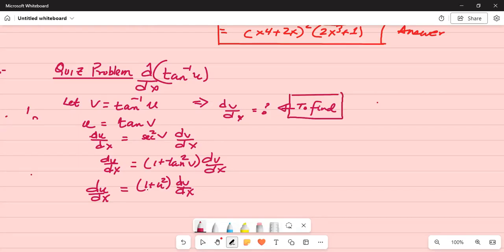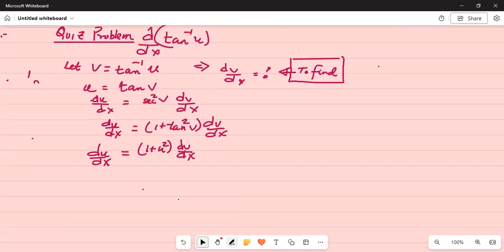Okay, so from this expression, we can divide both sides by 1 plus u squared. Let me move this a little bit up.